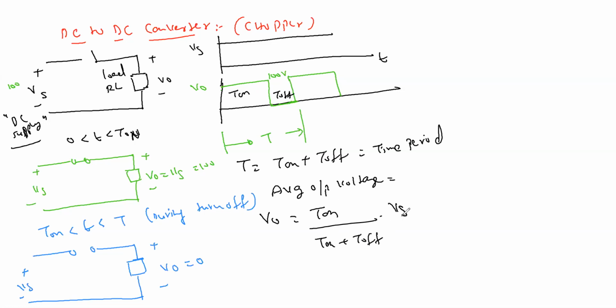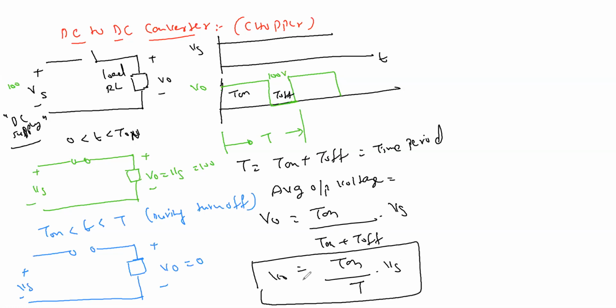So this is T on by total T, times Vs, which is your V0. This T on by T is called the duty cycle, represented with alpha, not the firing angle.